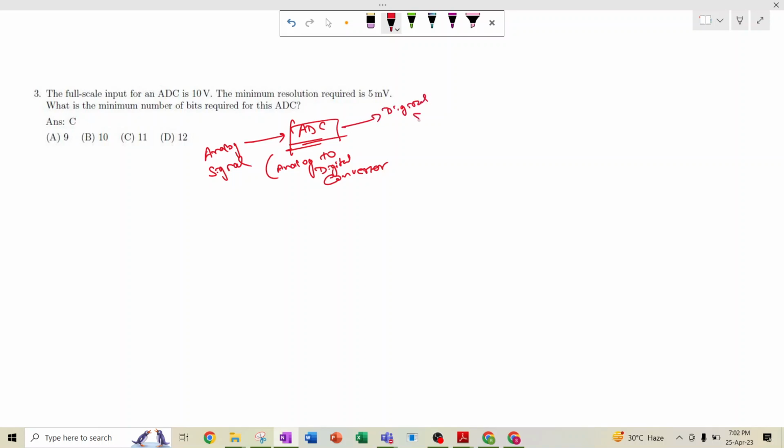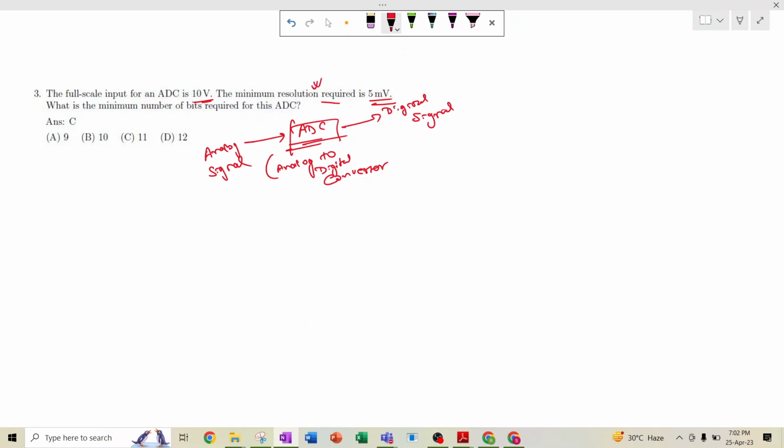So full scale input means it can detect up to 10 volts, and the minimum resolution required is 5 millivolts.